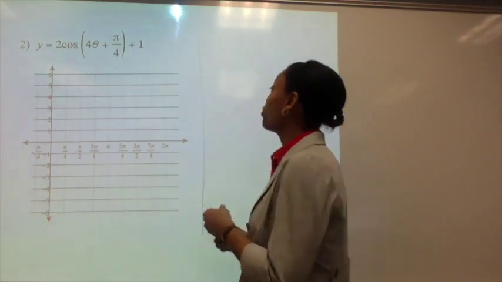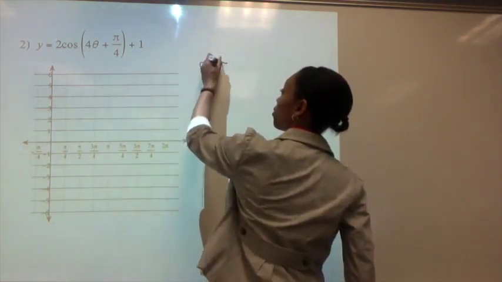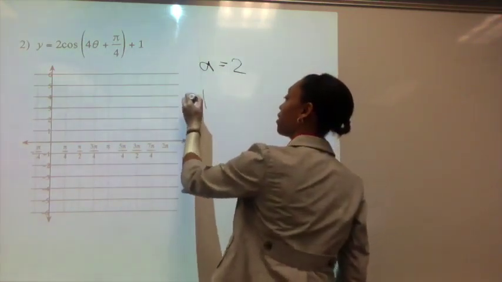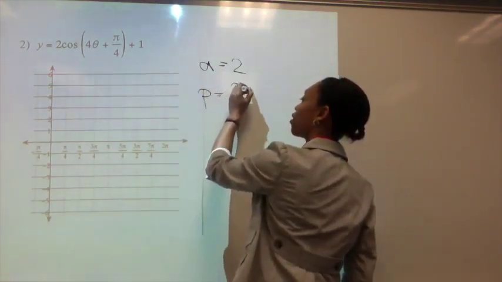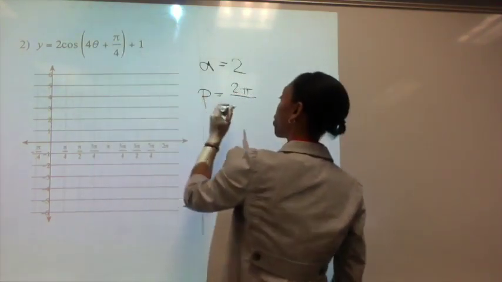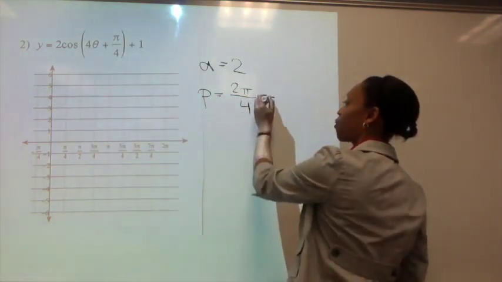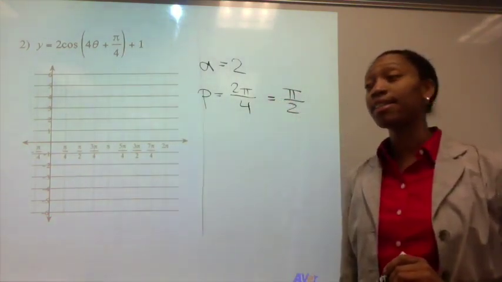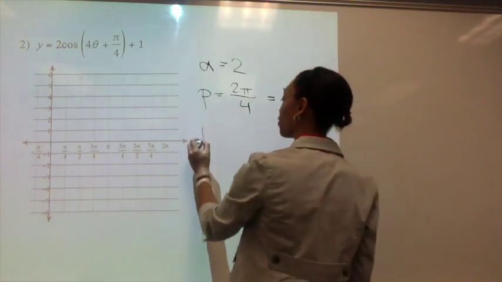Okay, example 2. Our amplitude appears to be 2, and the period is 2 pi over B. What is B? It looks like B is 4. Okay, so that reduces to half pi. And then let's do our phase shift.